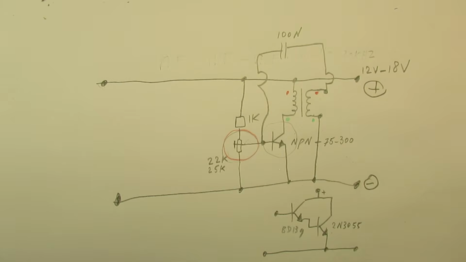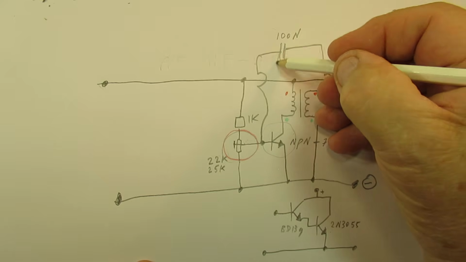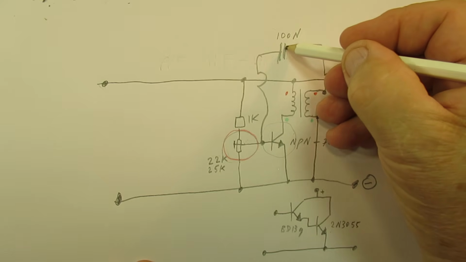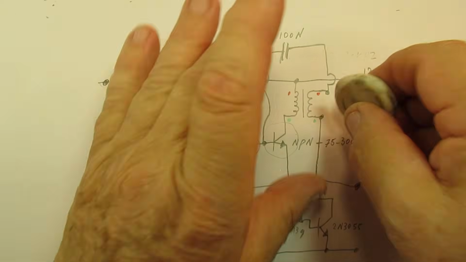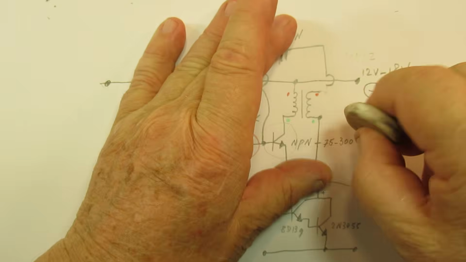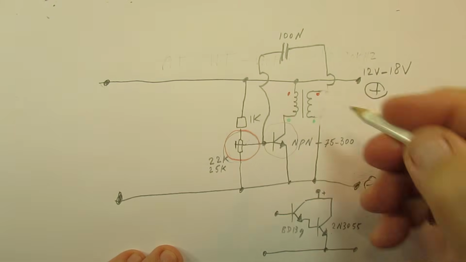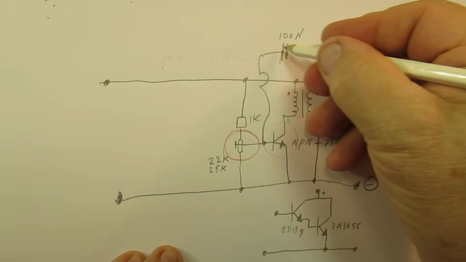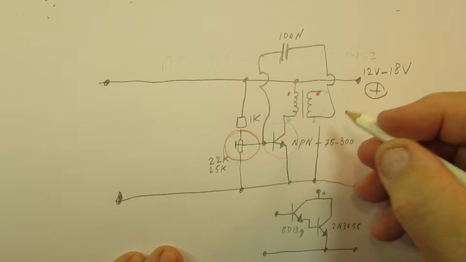Very, very simple, because the phase is not okay. So it must be coupled back in a certain phase. So what to do? It's very logical. Of course, what to do is connect that back coupling capacitor here to the other side of the transformer.